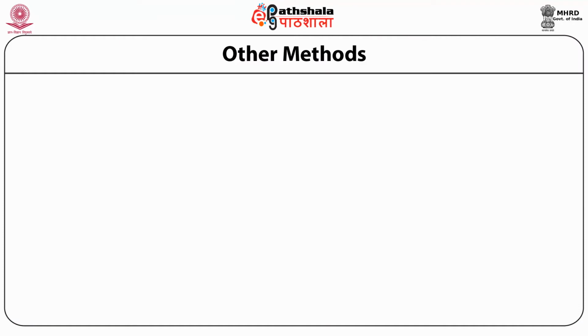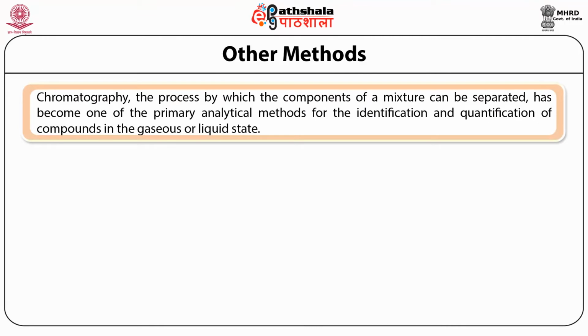Now we discuss the chromatographic techniques. Chromatography is the process by which the components of a mixture can be separated, and it has become one of the primary analytical methods for the identification and quantification of compounds in the gaseous or liquid state.